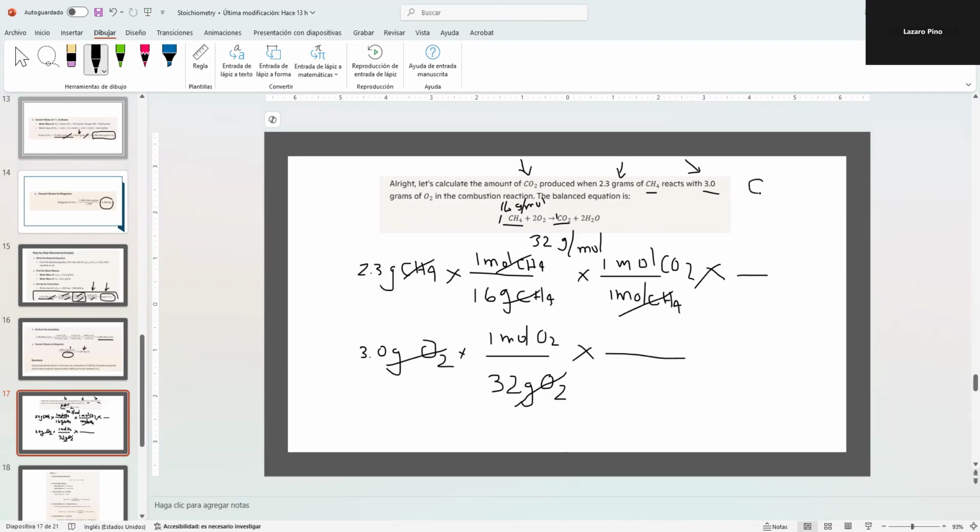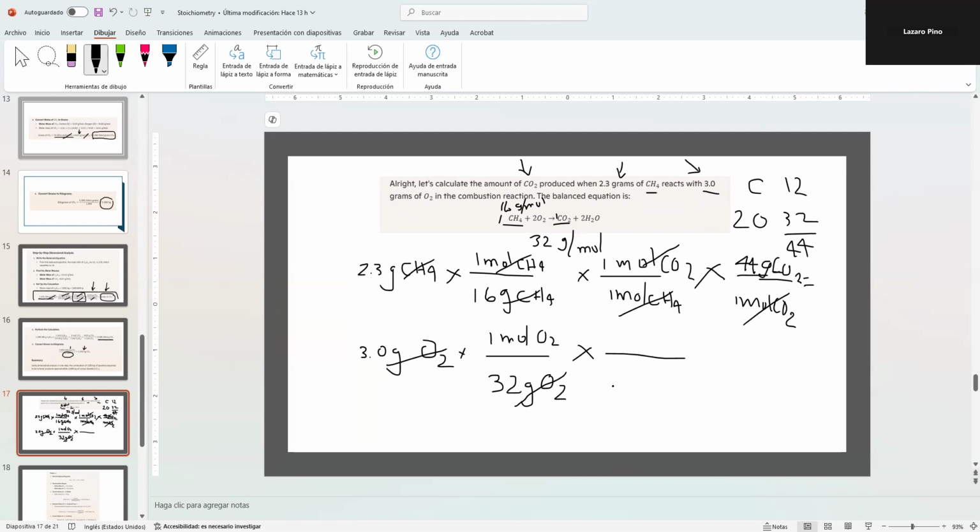So carbon is 12, and you have 2 oxygen, and 2 oxygen is 16 times 2 is 32. Then the molar mass of carbon dioxide is 44 grams of carbon dioxide in 1 mole of carbon dioxide. Then you cancel mole of carbon dioxide with mole of carbon dioxide, and you will get here the answer.